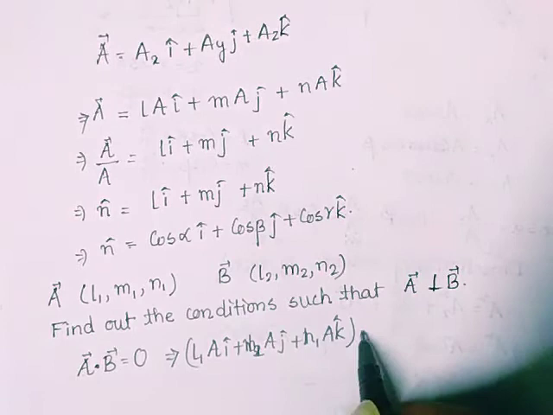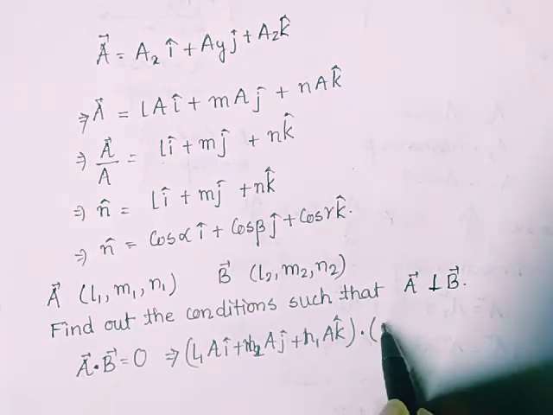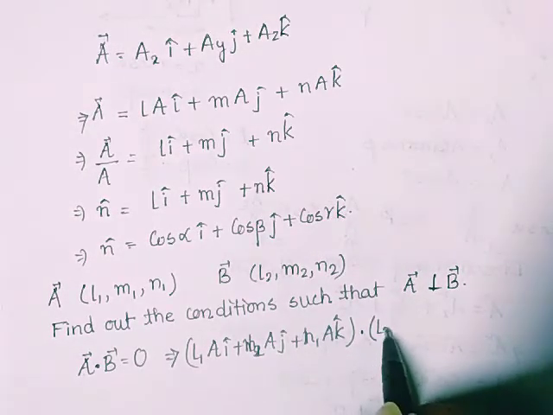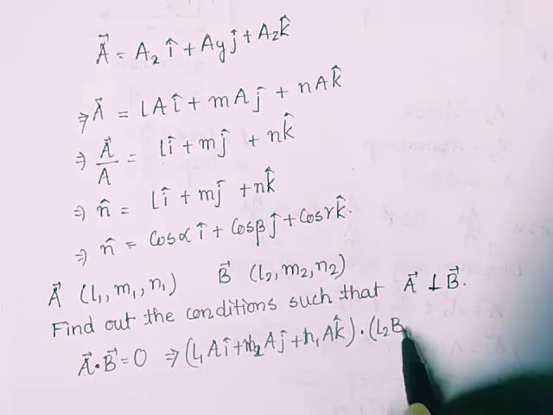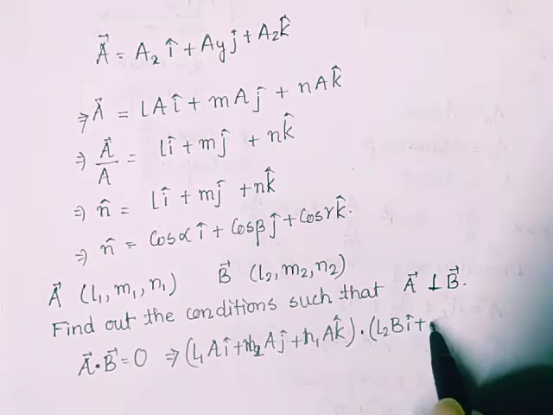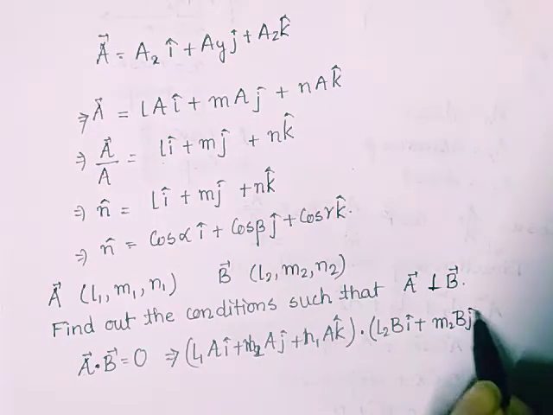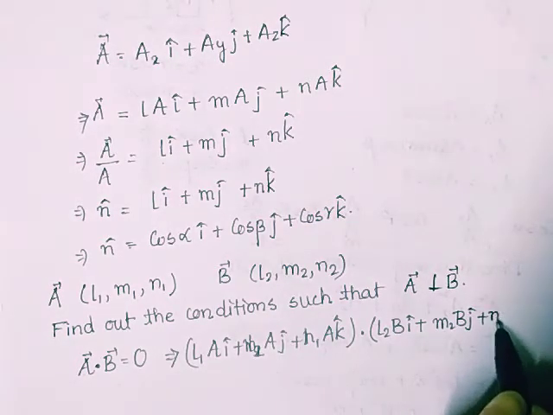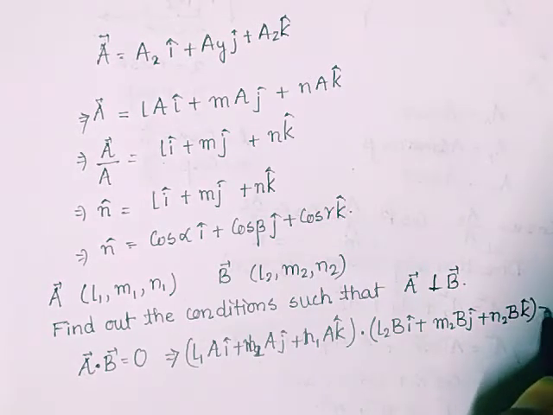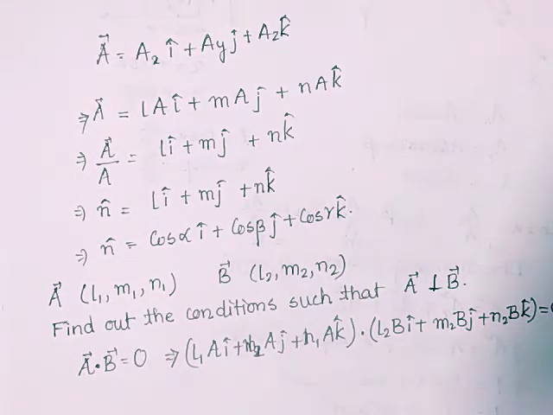This is the A vector. Dot, the vector B can be represented as L2B i cap plus M2B j cap plus N2B k cap, equal to 0.